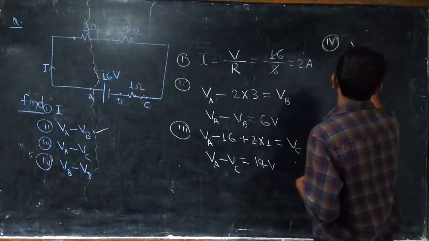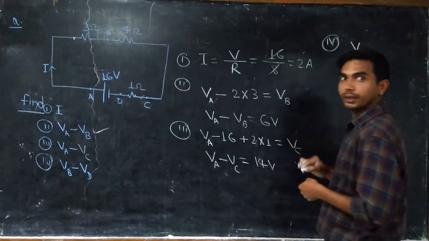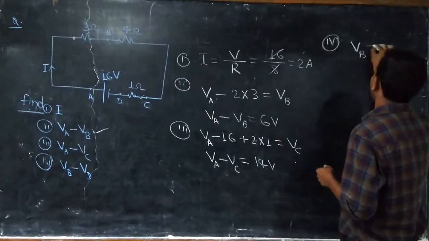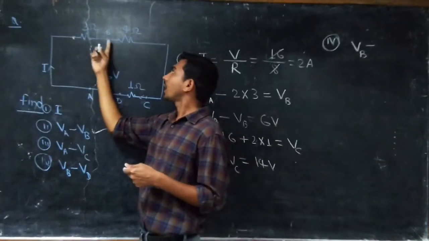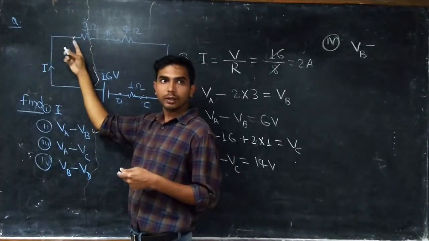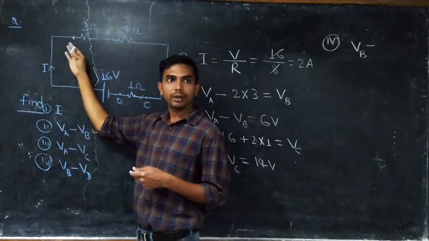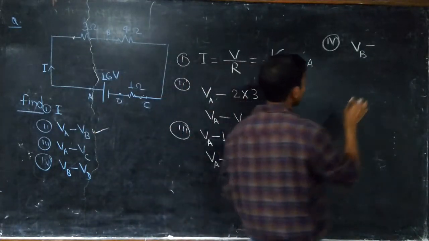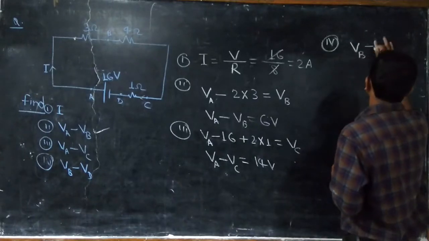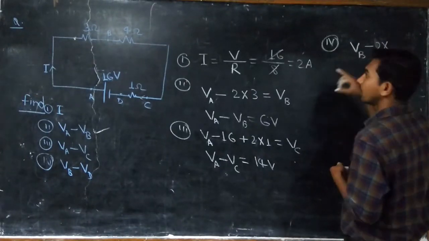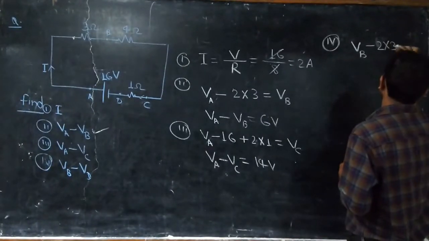So we can write like this, VB, and here we are moving in the direction opposite to the current. That means we are moving from higher to lower, potential is decreasing, we will take negative sign, and current is 2, and R is 2.